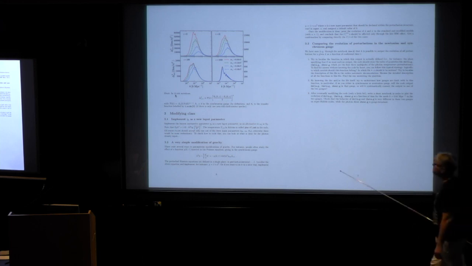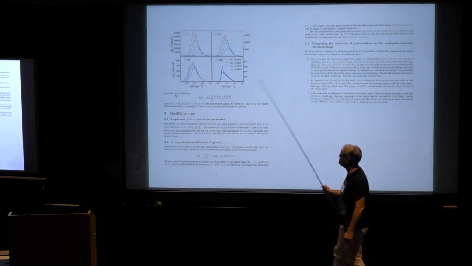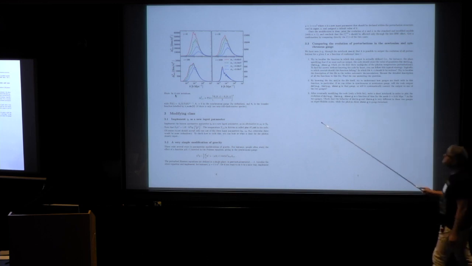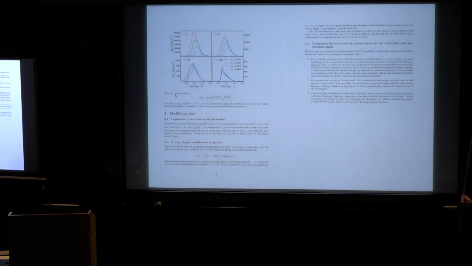Eta b is a baryon asymmetry parameter. So it has to do with the baryon number over entropy in the universe. And it's an alternative way to specify the baryon density. So this is really very simple. But if you know how to do it, you know how to modify the input module for any purpose.